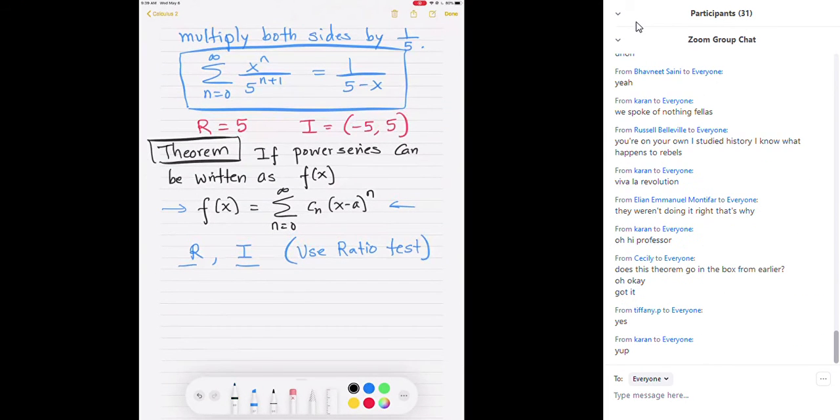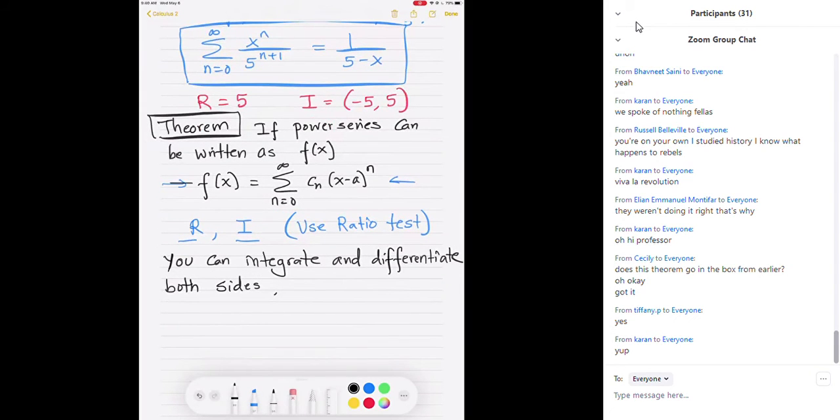Then a very powerful theorem, and you should be very happy with this theorem. It says that if you can write this way, then you can integrate and differentiate both sides. Well, you are saying, I know how to integrate the function.